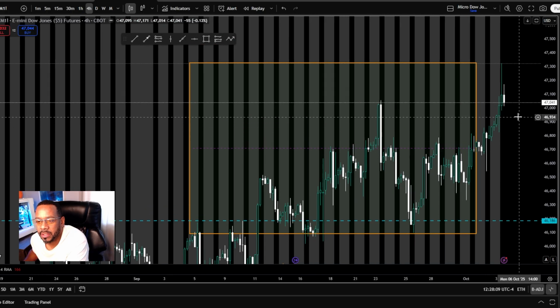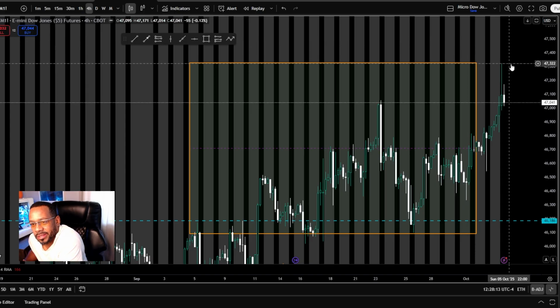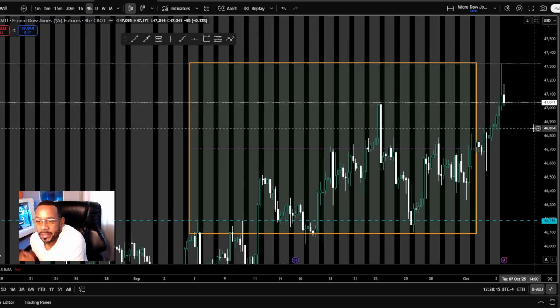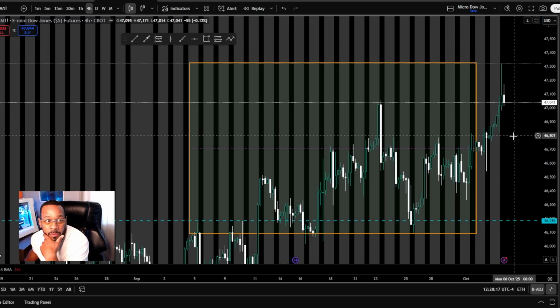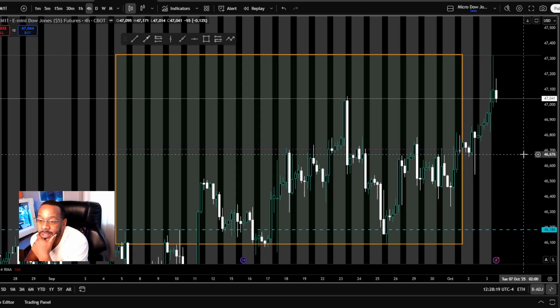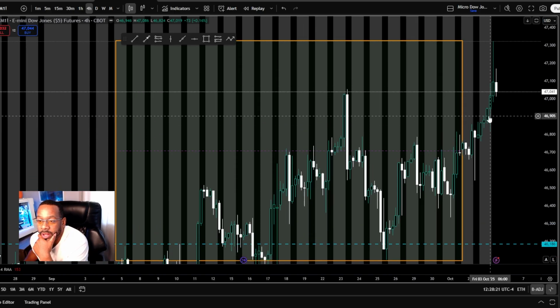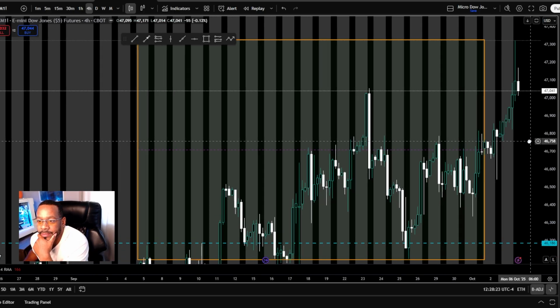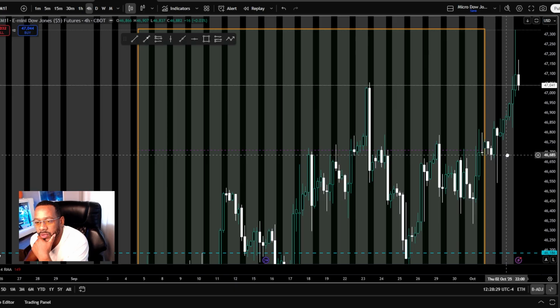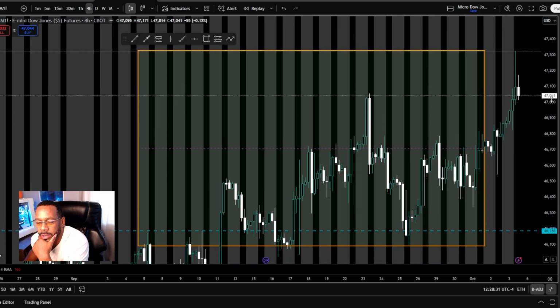Those are potential areas of entry. Let's look for price to retrace and put in support more on the hour. We want to see a break of structure and then catch that second move, watch it retrace and catch that second move after it gives us our confirmation.